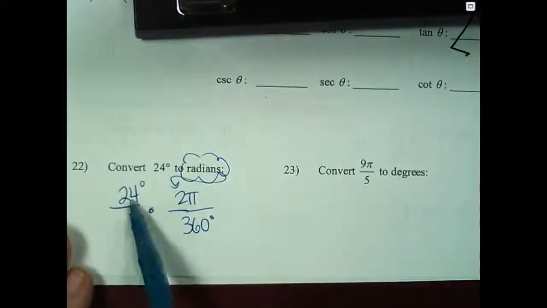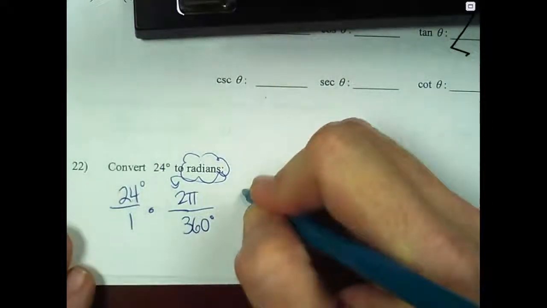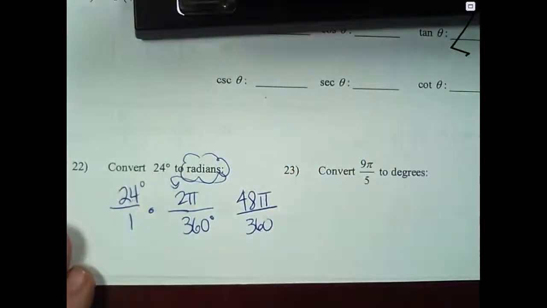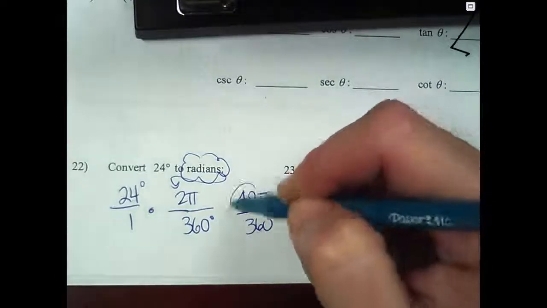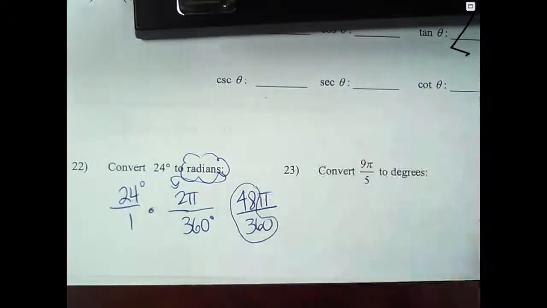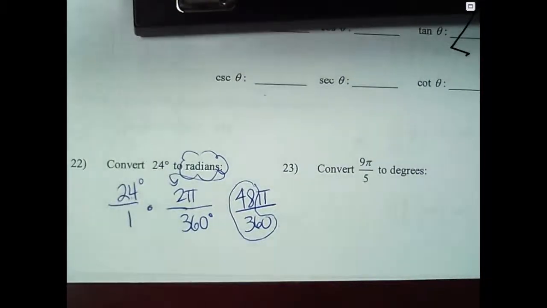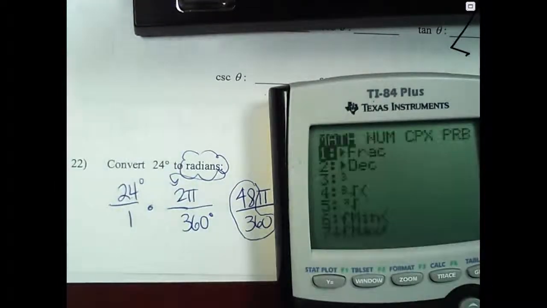Okay, so I'm going to take 24 times 2, which is 48 pi, over 360. Can I reduce it? Yes. So get your calculator out and don't type in the pi. Just reduce the fraction. Just reduce 48 over 360. The way you're going to do that is you're going to take your calculator, turn it on.